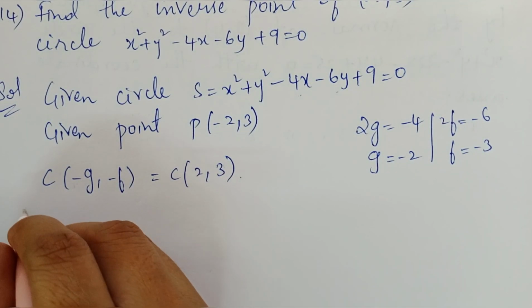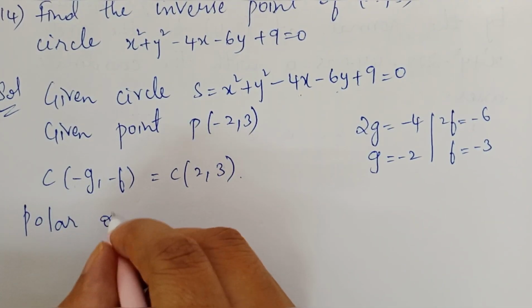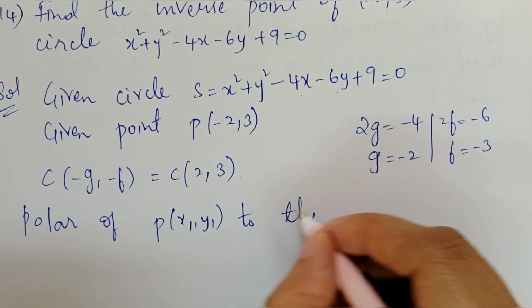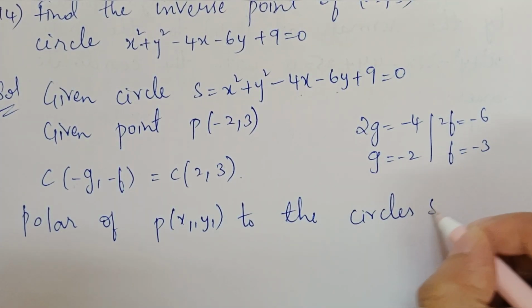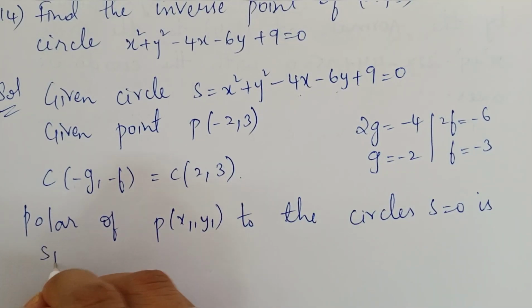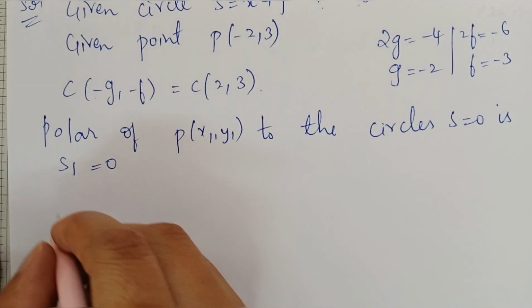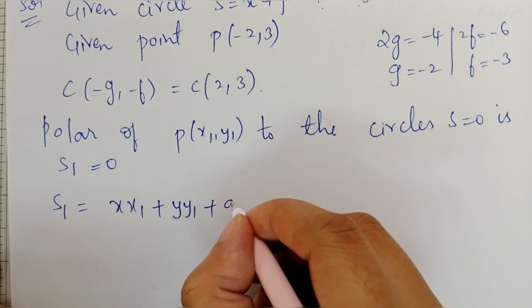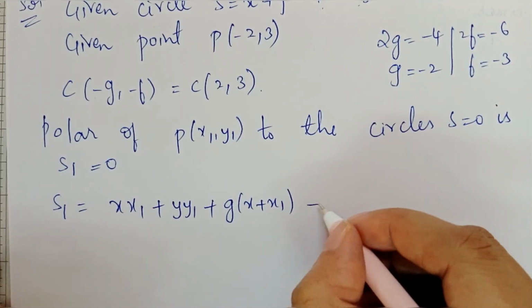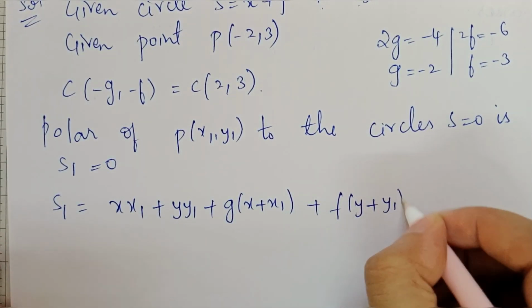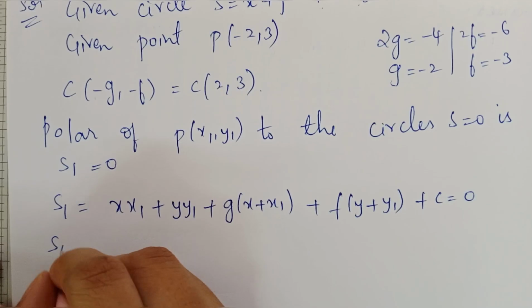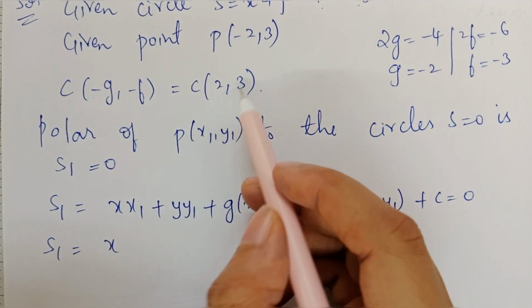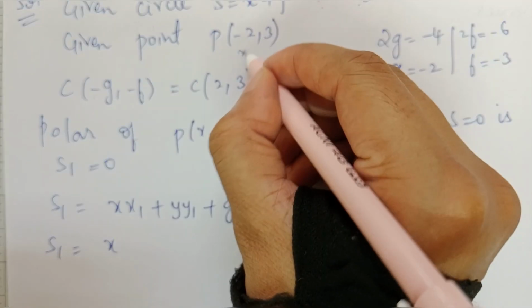Okay, and polar of point P(x1, y1) to the circle S = 0 is S1 = 0. The formula for S1 is x x1 + y y1 + g(x + x1) + f(y + y1) + c = 0. Here the point given will be our x1 and y1.